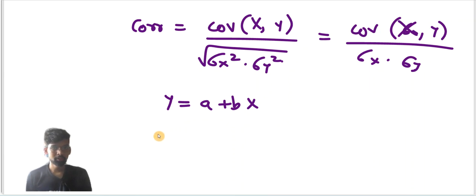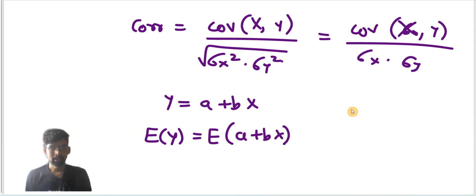We will start with the expectation operator. The expectation of y can be written as the expectation of a plus bx, and suppose the expectation of x is x bar, that is, x bar is the mean of the random variable x.